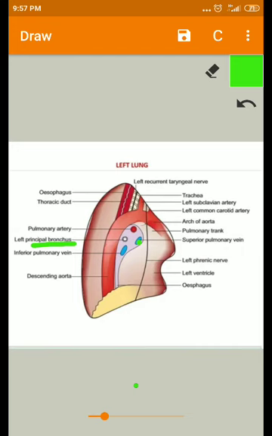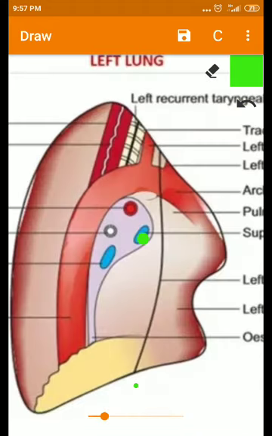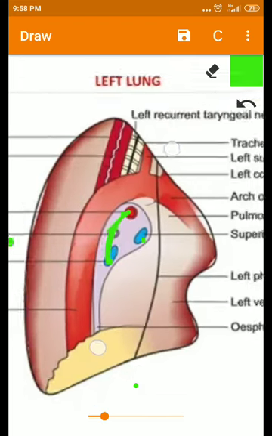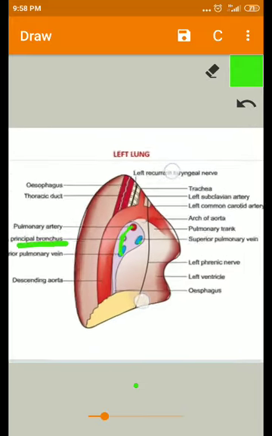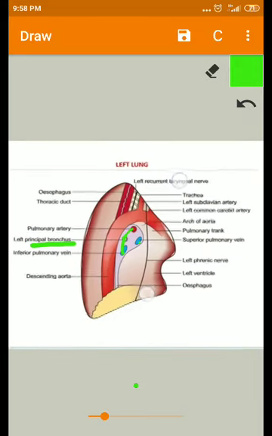The structures on the left side from above downwards in the root are the pulmonary artery, then the bronchus, and then the inferior pulmonary vein, and anteriorly the superior pulmonary vein is present. These are the structures passing through the left lung root.